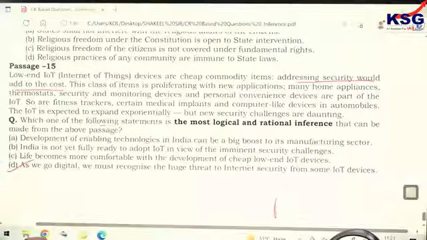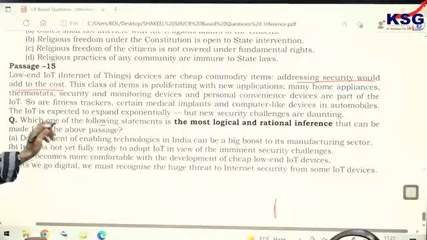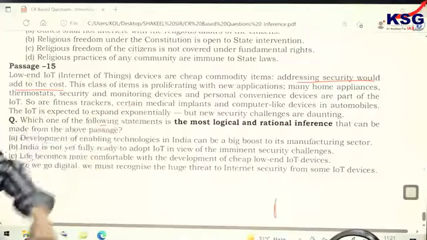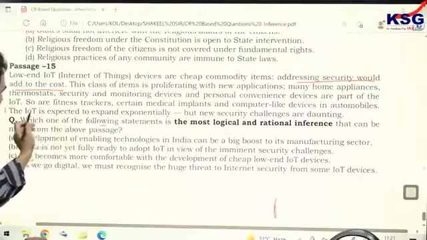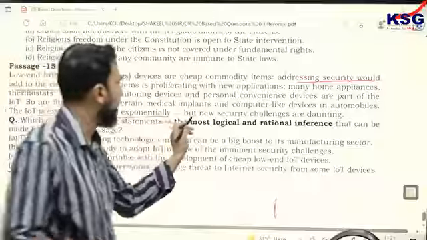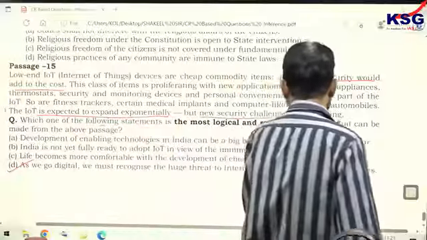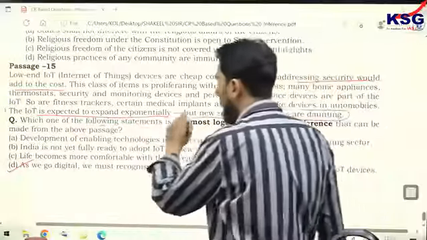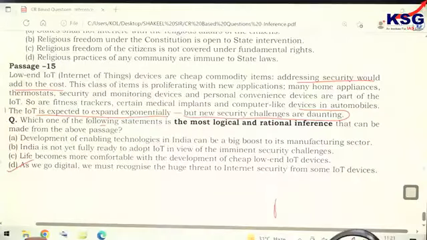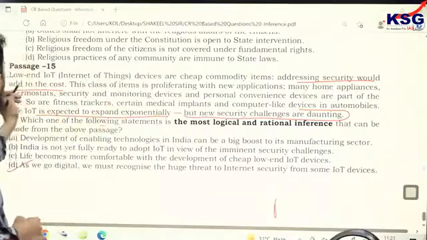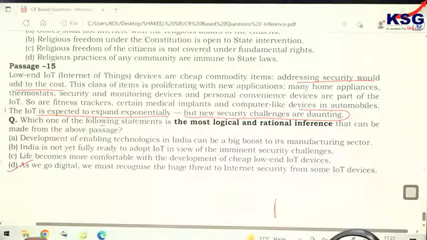Monitoring devices, personal convenience devices are part of the IoT. So are fitness trackers, certain medical implants, and computer-like devices in automobiles. Then again the author says the IoT is expected to expand exponentially, but new security challenges are daunting. Yes, the security challenges are daunting. So the security point has been: addressing security would add to the cost, though it is cheap.